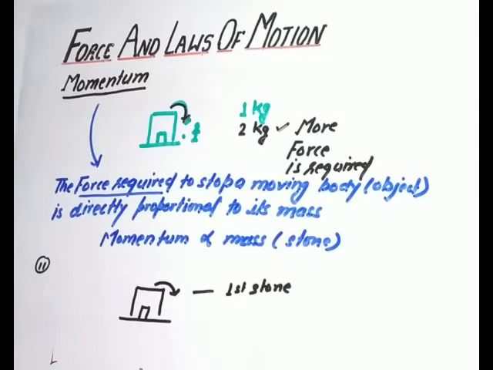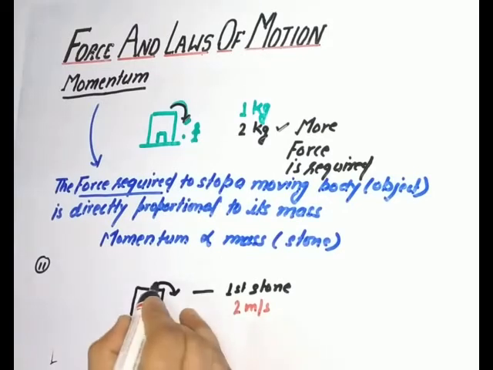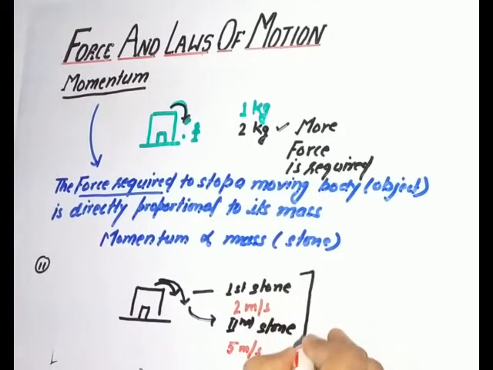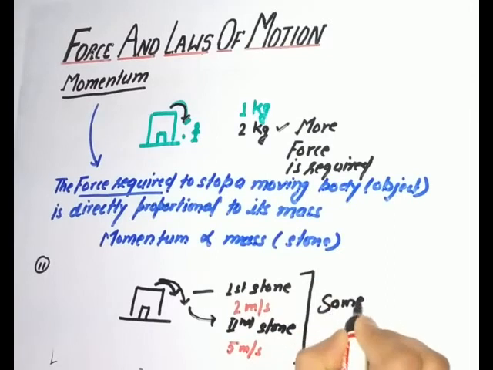The velocity of the first stone is, suppose, 2 meter per second, and the velocity of the second stone is 5 meter per second. Both stones are of the same mass.